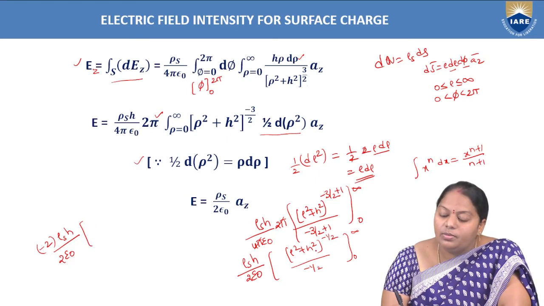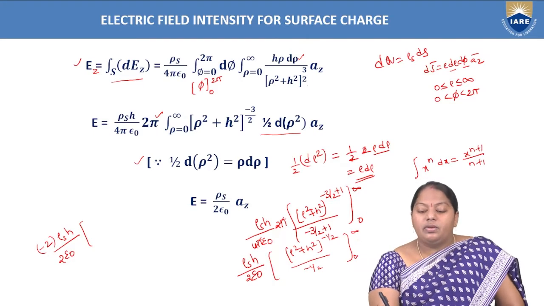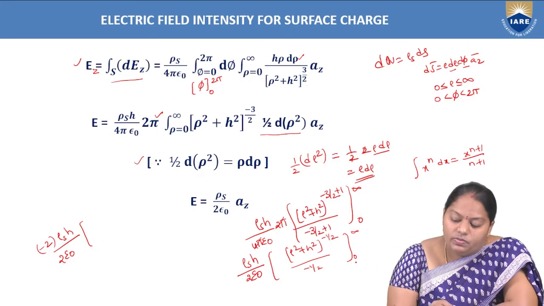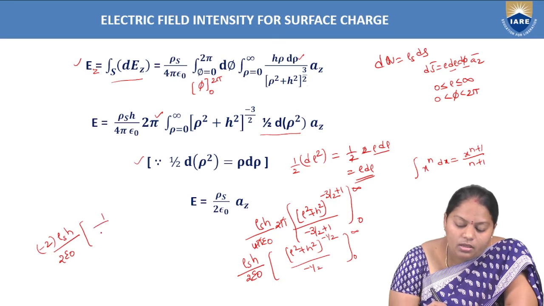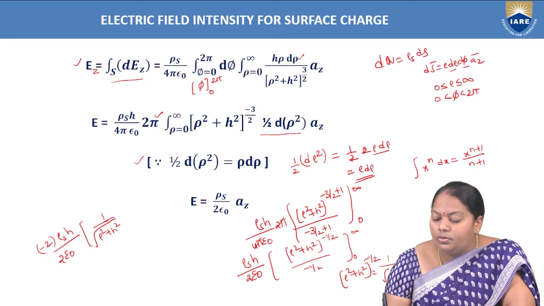Then we substitute for rho square, once infinity and next time 0. Hence it becomes 1 by (rho square plus h square). So (rho square plus h square) whole power minus 1 by 2 can be written as 1 by root of rho square plus h square.